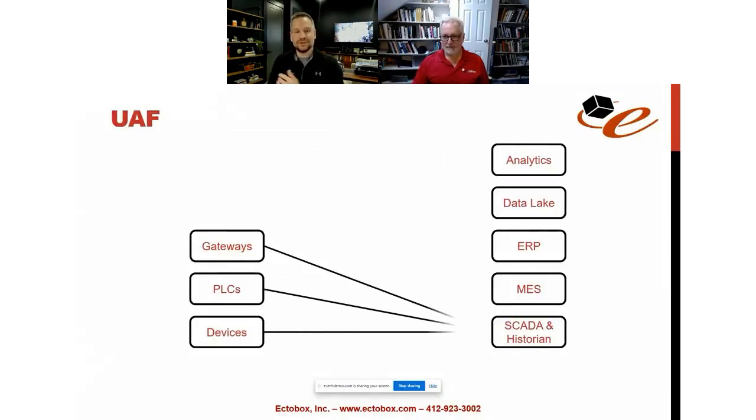So I think we're all pretty familiar with this architecture, right? And we could drop level 1, 2, 3, 4 labels on here and just create the Purdue model. But let's just talk about that standard real quick. Purdue model, mid-90s, early 90s, became the kind of the de facto standard.